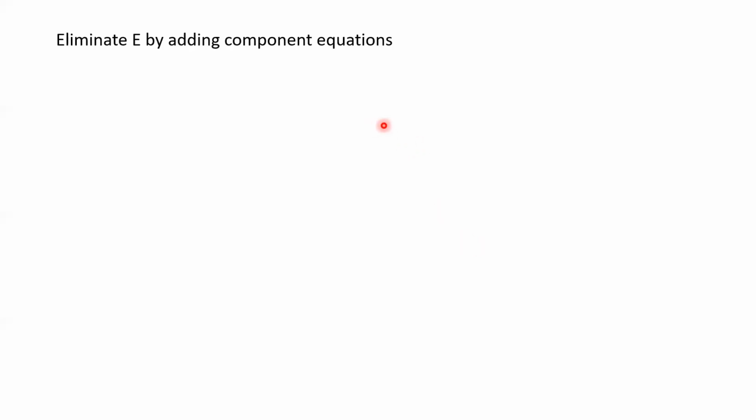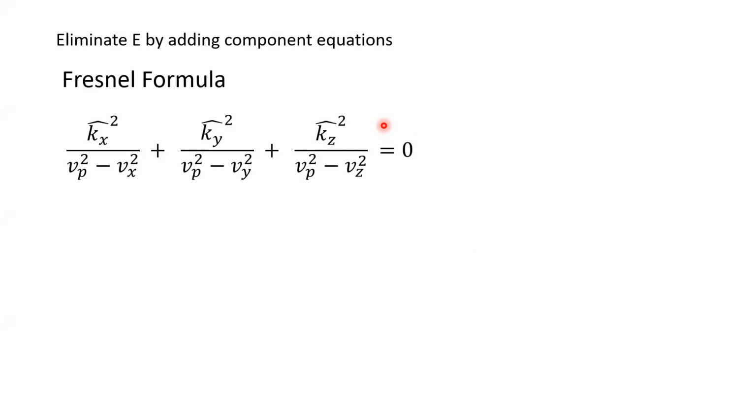Remember, we have those three equations, Ex, Ey, Ez. What we can do is manipulate those equations and add them up, a couple of 4 or 5 algebraic steps. That then leads to what is called a fractional form. In that fractional formula, you manipulate those three equations in such a way and add them up such that the electric field dependence goes out.